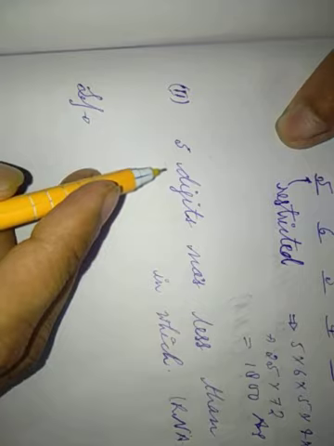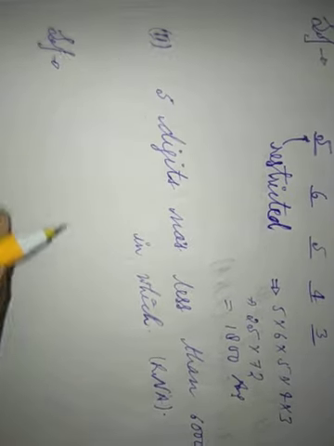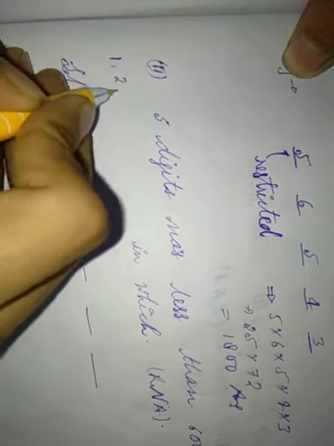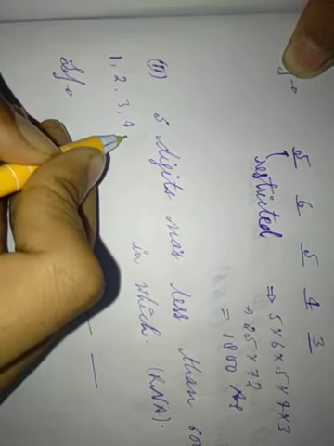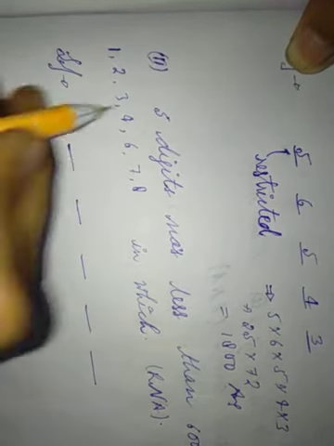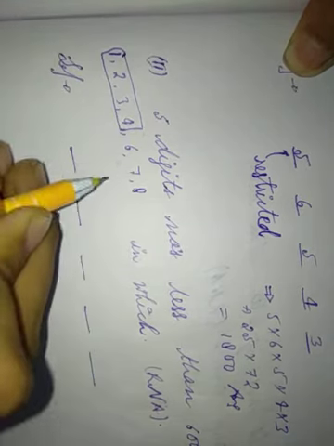Next question, 5-digit numbers less than 60,000 in which RNA, repetition not allowed. Like 5 boxes, less than 60,000. We have the given numbers 1, 2, 3, 4, 6, 7, 8. Less than 60,000, so the first digit can be 1, 2, 3 or 4.